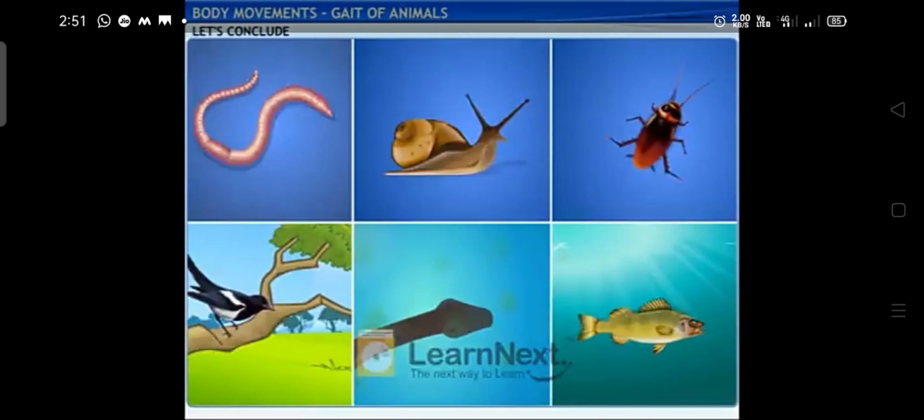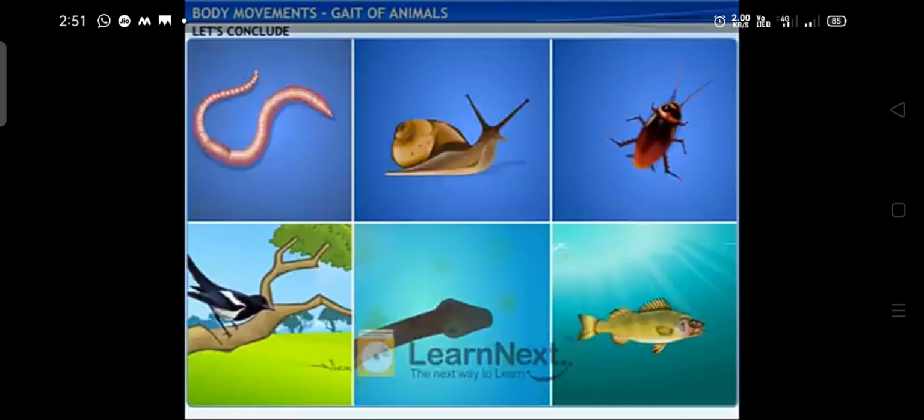So now we have discussed the gaits or movement of different animals. Which are they? Yes, the first one is earthworm, second snail, third cockroach, fourth bird, fifth snake, and sixth fish.